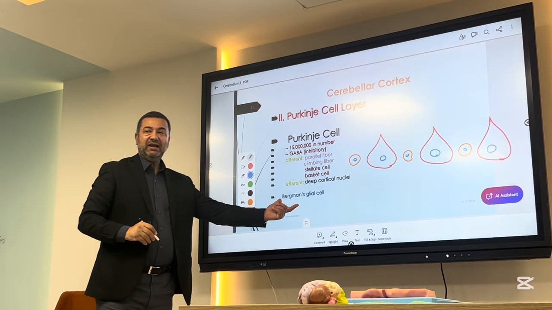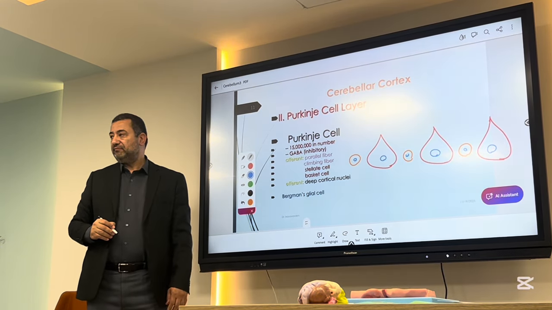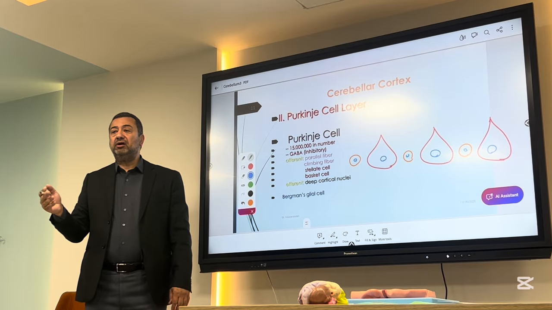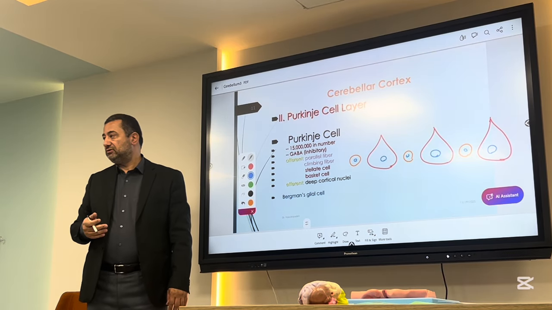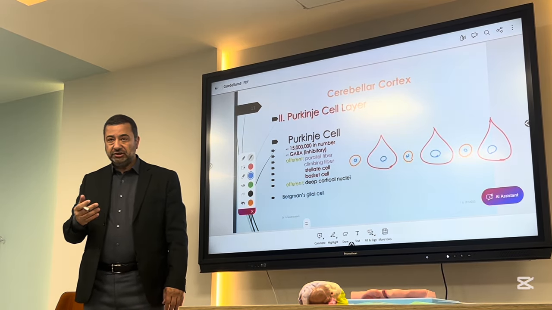These are Bergmann's cells. Bergmann's cells are modified astrocytes. Is it clear?